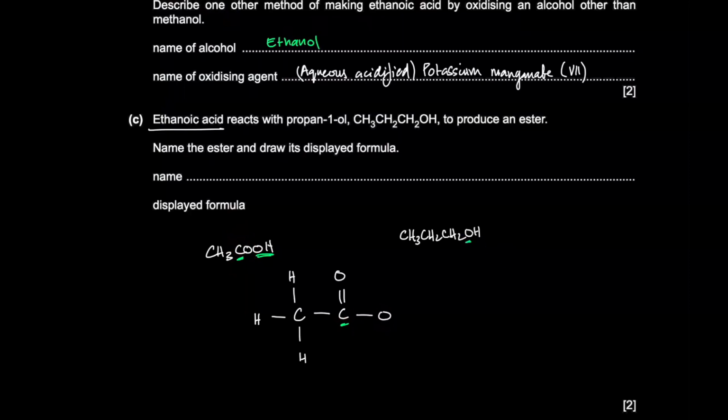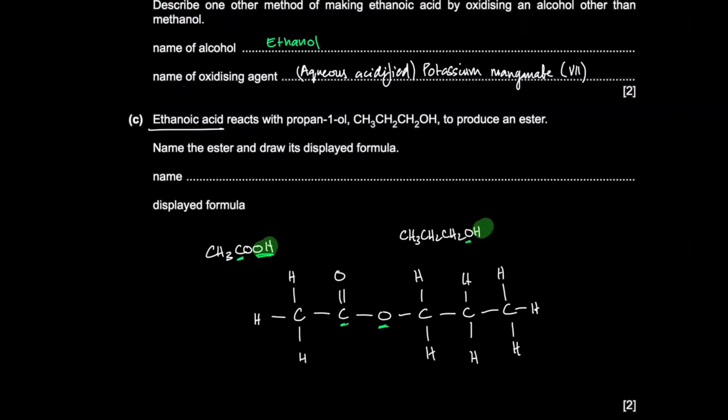OH will be lost here, H will be lost here. And then what do you get? This oxygen is then bonded to CH2, CH2, CH3. And just draw the hydrogens. That's the displayed formula, where every bond is shown.